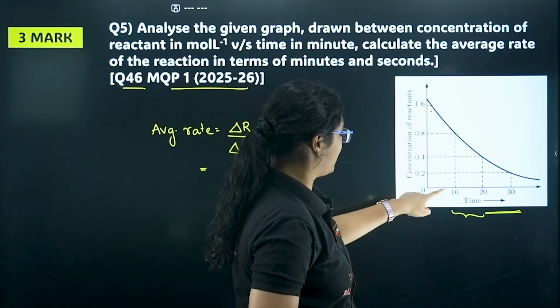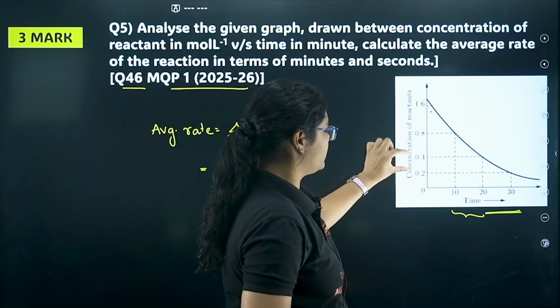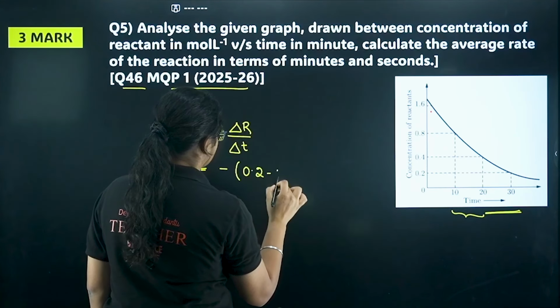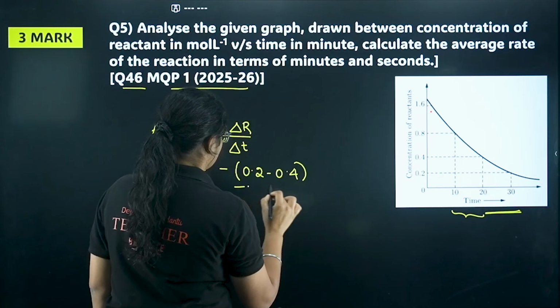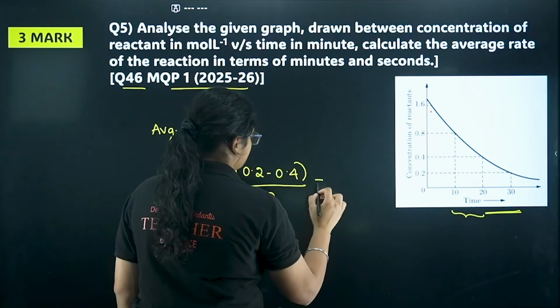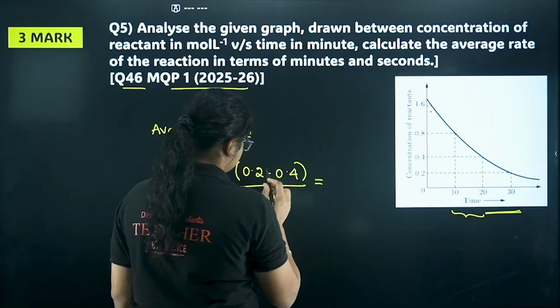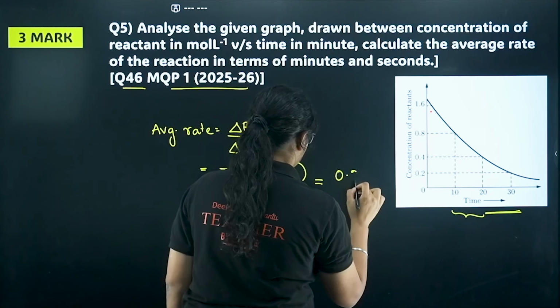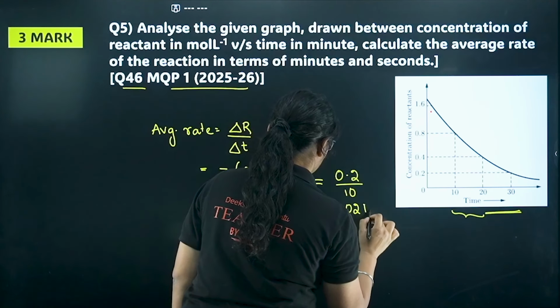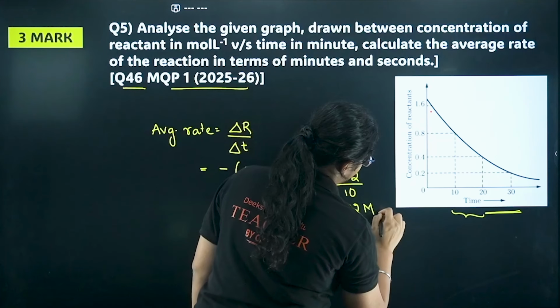So 0.4 and here it is 0.2. So the difference will be how much? Minus of 0.2 minus 0.4, divided by the time in minutes, so 10. So we will get plus 0.2 divided by 10, so that is 0.02 moles per minute, mol L inverse minute inverse.